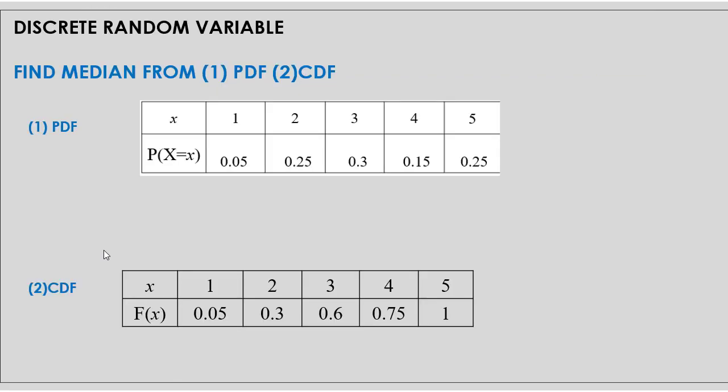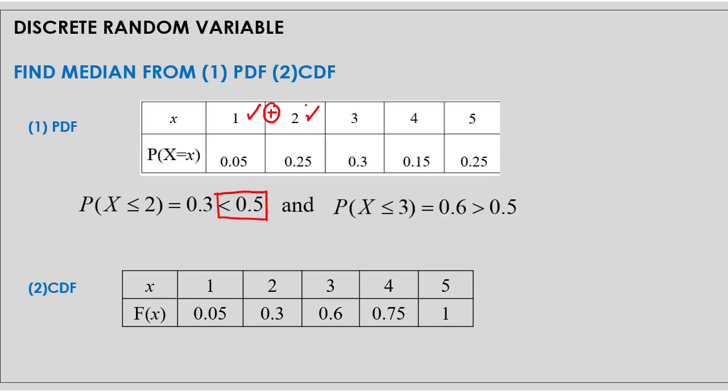Based on example 9, we can find the median from PDF or CDF. From the PDF, we know that for 1 the probability is 0.05. When you sum up these two, you get 0.3. Then we write down less than or equal to 2, the probability is 0.3, and it is still less than 0.5.